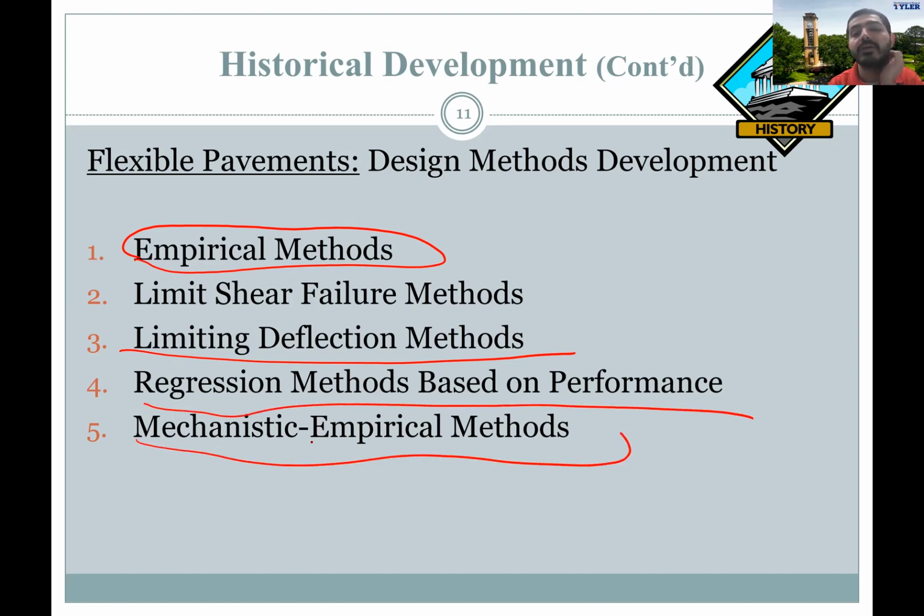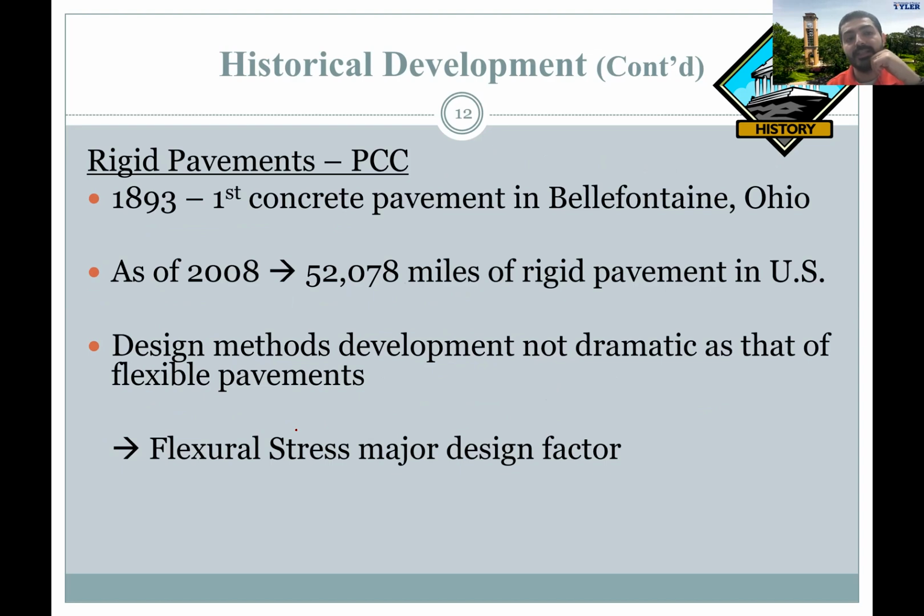And nowadays we are tackling the concept of the mechanistic empirical method, which is a mix between using an old empirical method and a mechanistic method, which looks into the physical properties of the material, such as the stresses, the strains, and the deformation of each one of these layers.